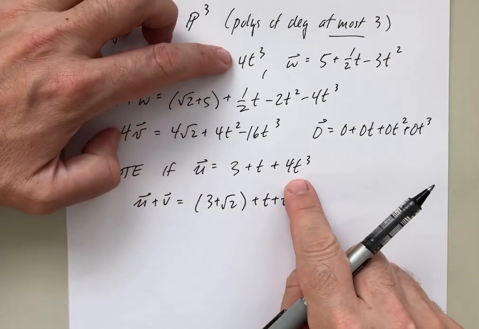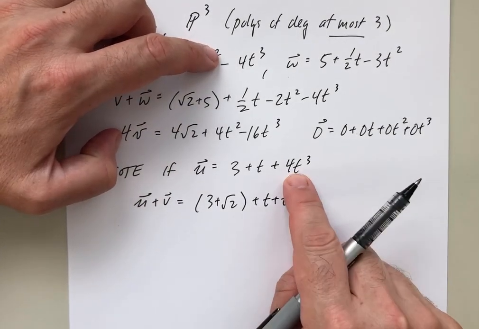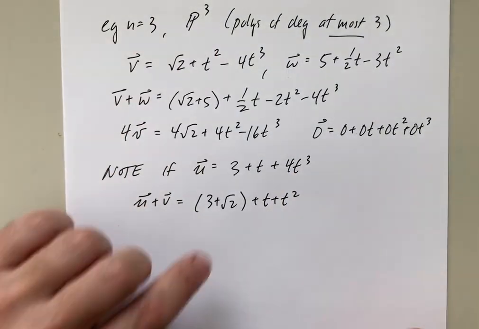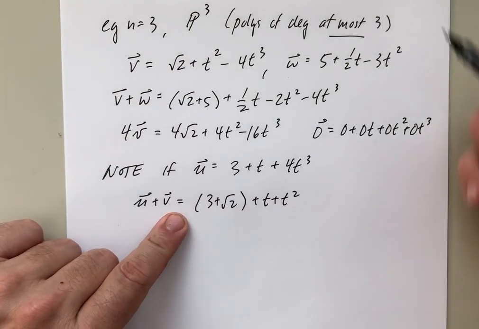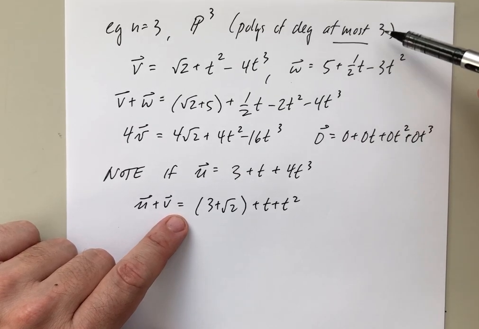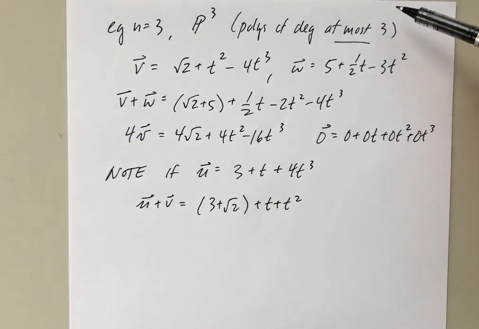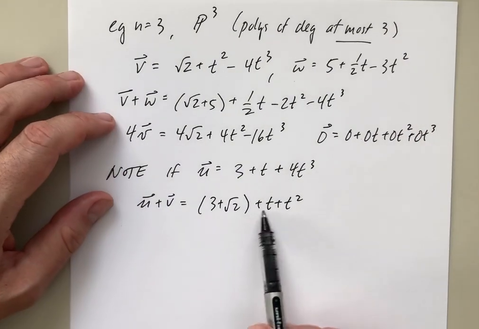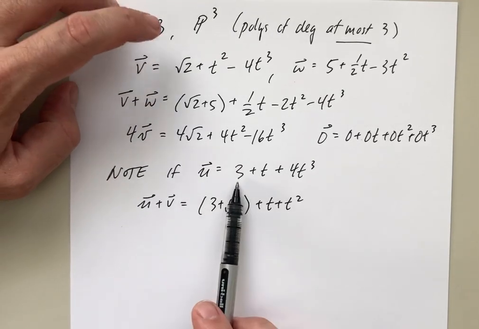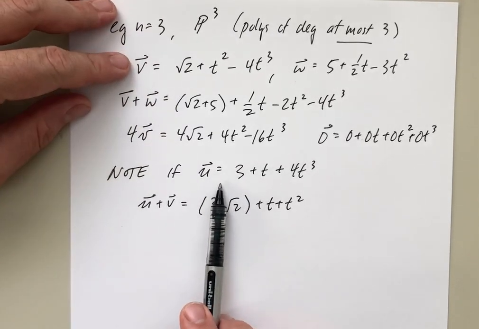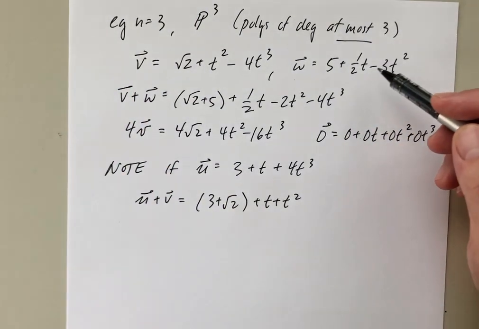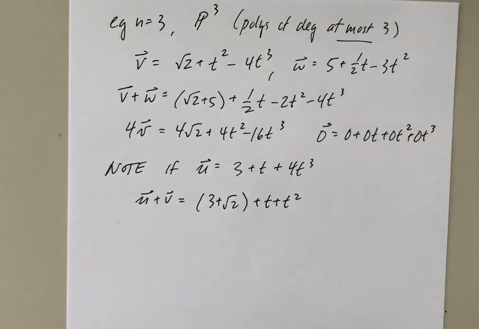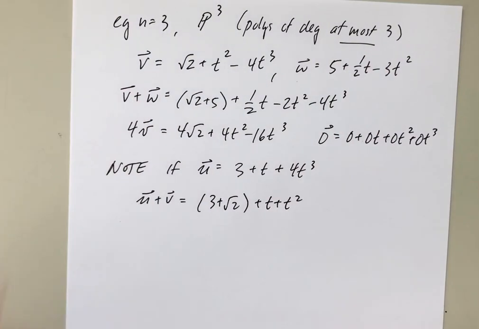But notice now that the minus 4t cubed and the plus 4t cubed cancel. And so this is now a degree 2 polynomial. But that's okay, because I said polynomials of degree at most 3. If I had insisted on polynomials of degree equal to 3, I'd be in trouble, because it's possible to add 2 polynomials that are degree 3 and leave that world. I don't want that to happen. I want to stay in the world wherever I live, and so that's why we do degree at most 3. Okay?